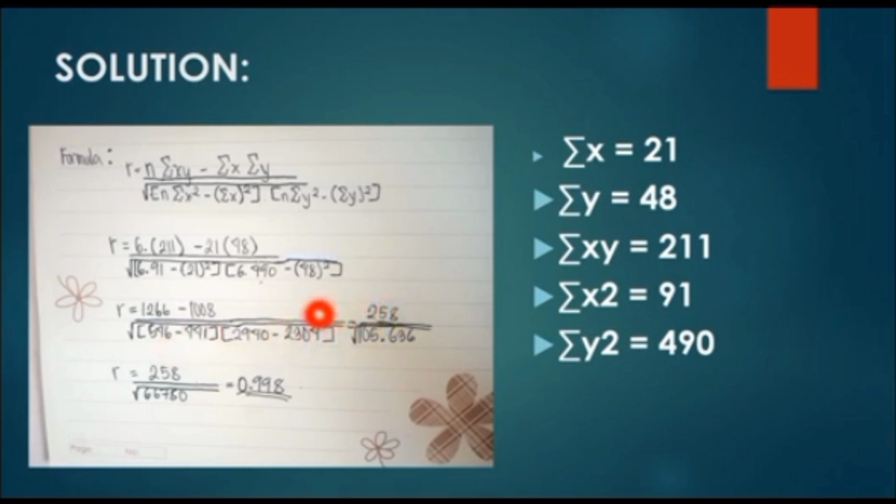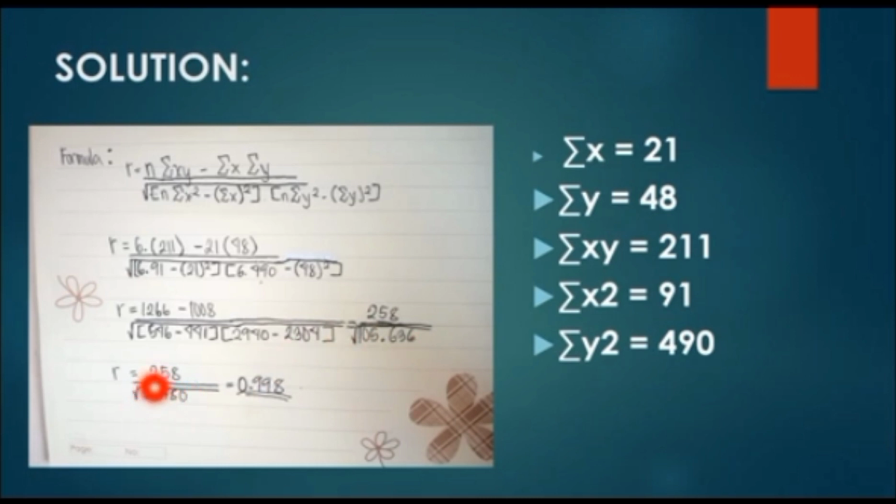And for the denominator, 546 minus 441 equals 105, and 2940 minus 2304 equals 636. Multiplying them, 105 times 636 equals 66780.